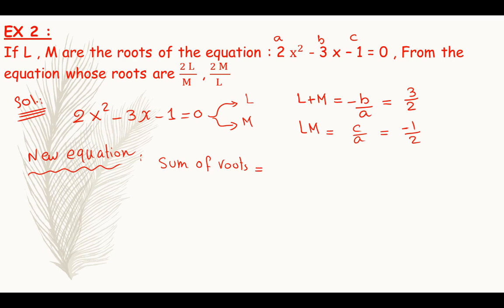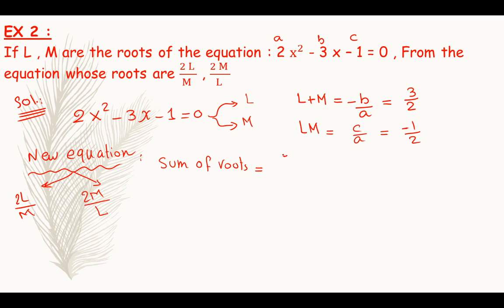But what are the roots of the new equation? The new equation has two roots. One of them is 2L over M, and the other root is 2M over L.